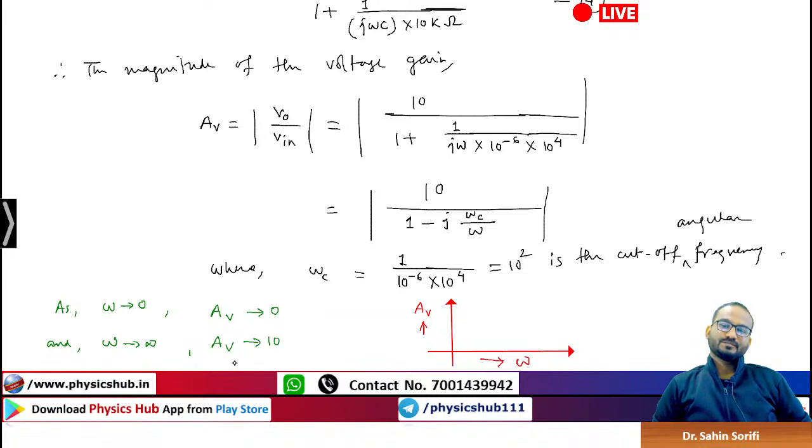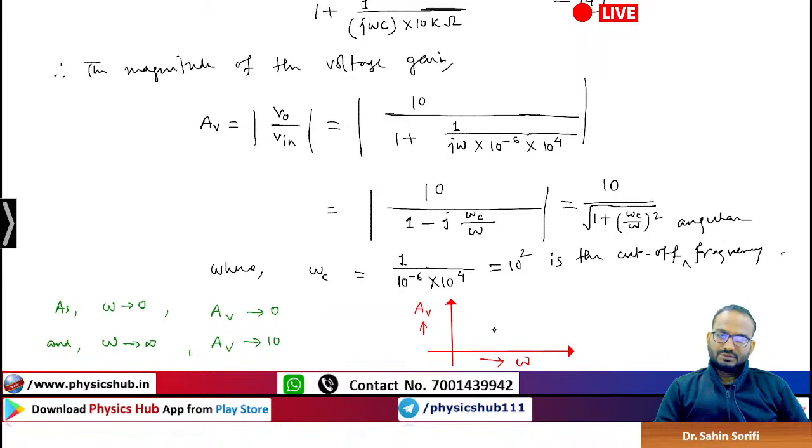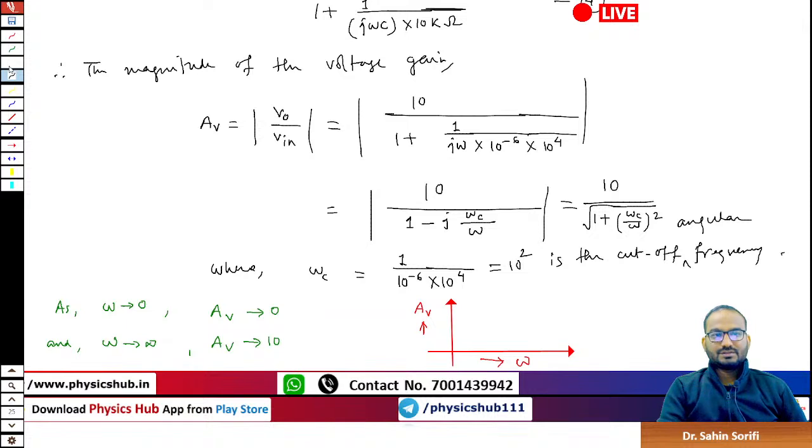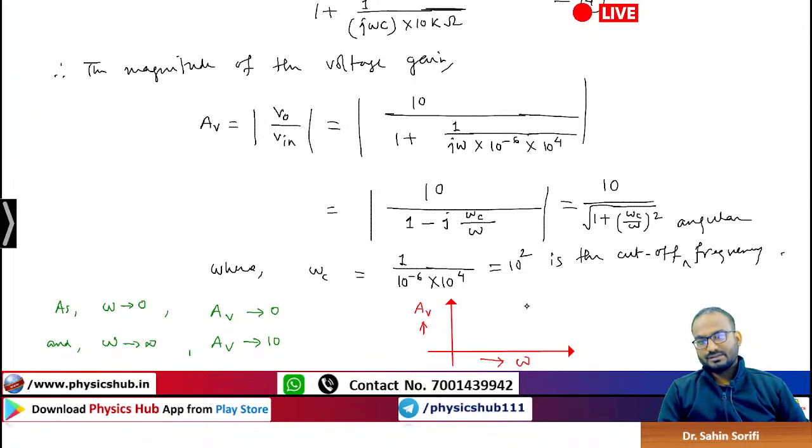If you get more confused, you can write 10 by root over 1 plus omega c by omega. So when omega tends to 0, AV tends to 0, and when omega tends to infinity, you are getting a non-zero value of 10. So is it not something like this?